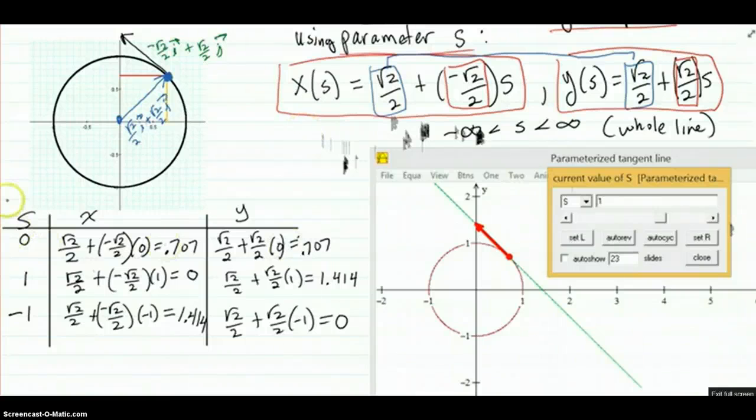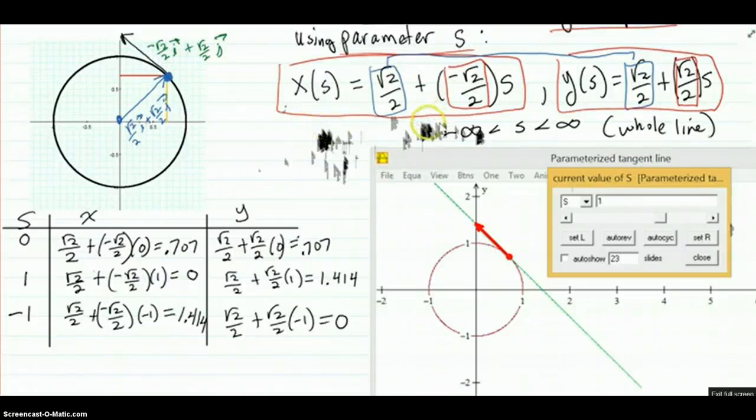So over here at 1, we have square root of 2 over 2 plus negative square root of 2 over 2 times 1. That comes out 0. And the y value is square root of 2 over 2 plus square root of 2 over 2 times 1, and that is square root of 2, which is about 1.414. So 0, comma 1.414 should be where we're at. And that's exactly where we are right here. 0, comma 1.414. So it's working.